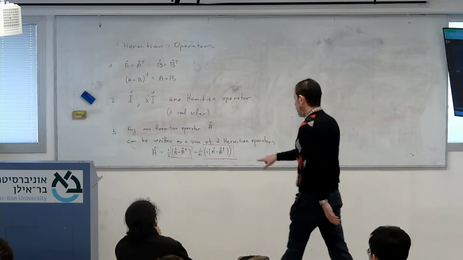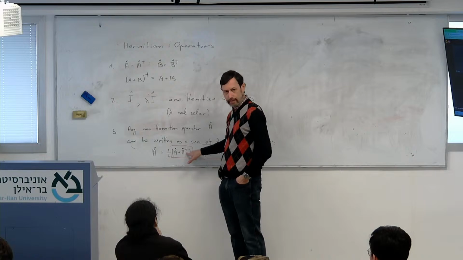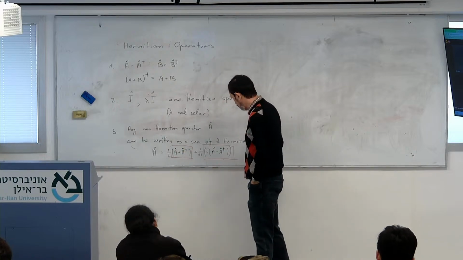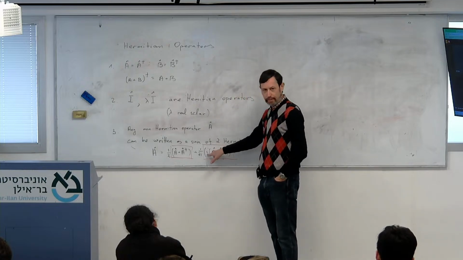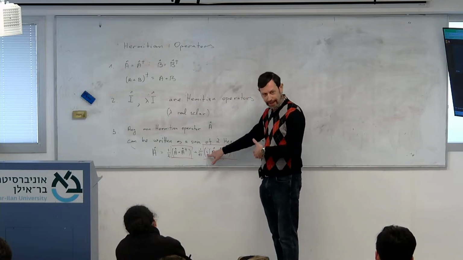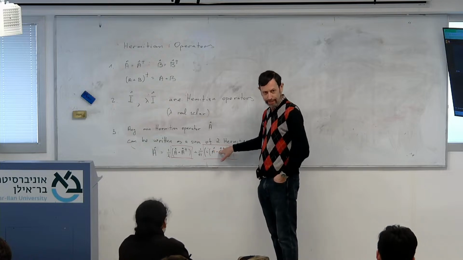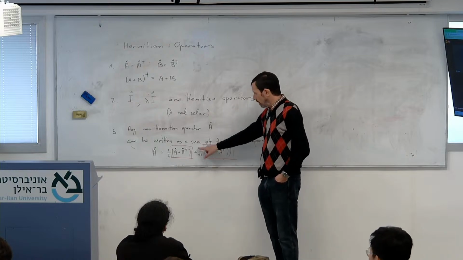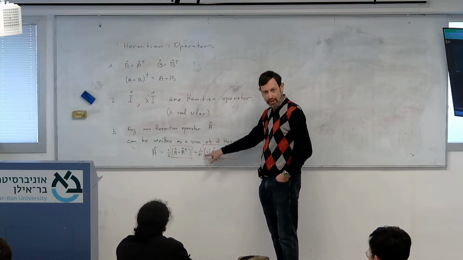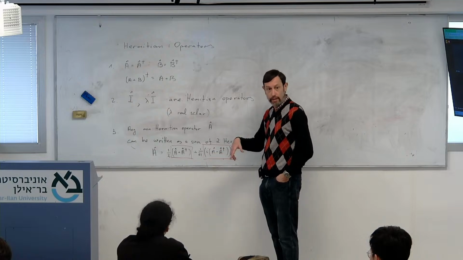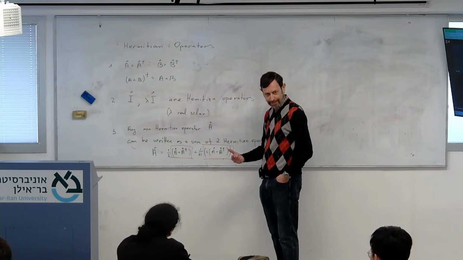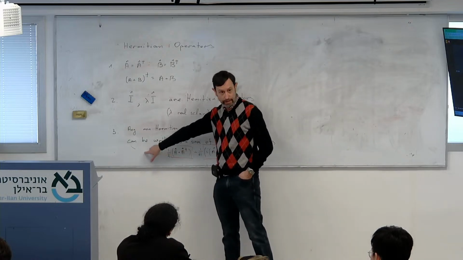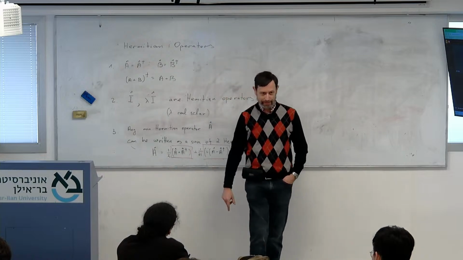Why the sum? So it's A dagger. You can always transpose them because it's a summation. Here, the i becomes minus i, again everything is good, right? Here is the whole thing that changes it into a non-Hermitian operator. Because of this i, the sum here is a non-Hermitian operator.